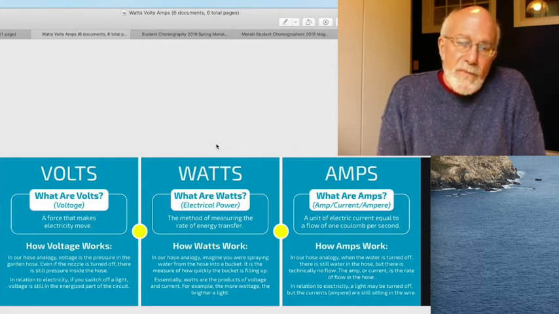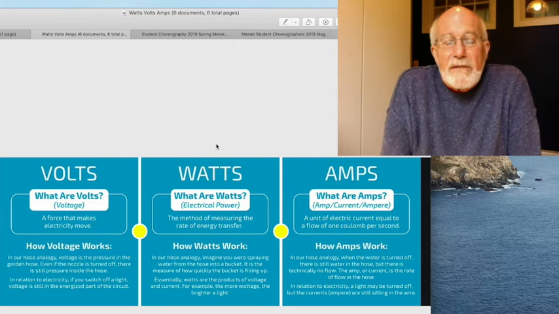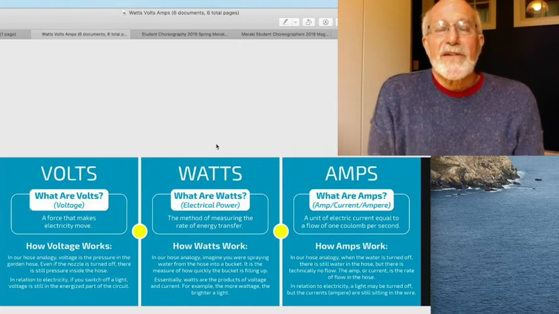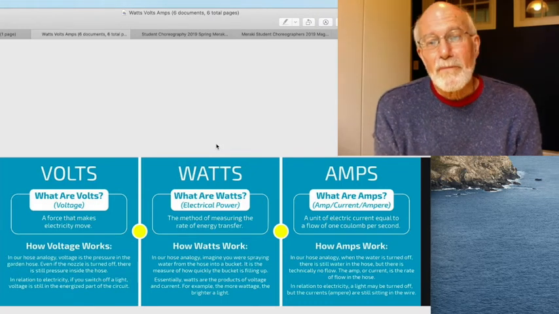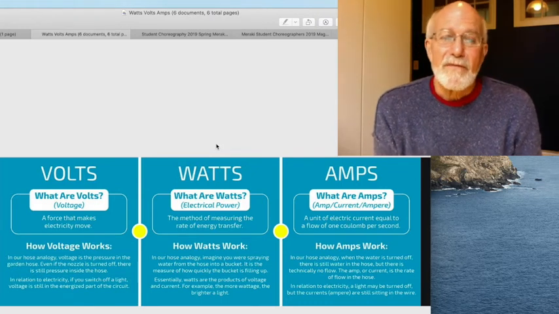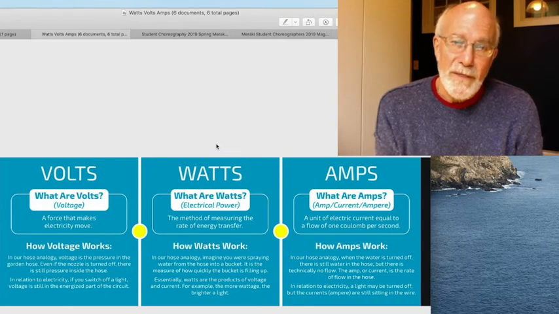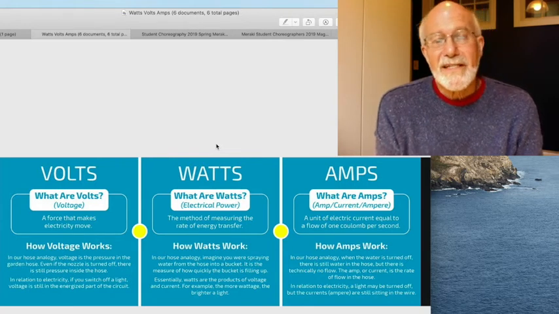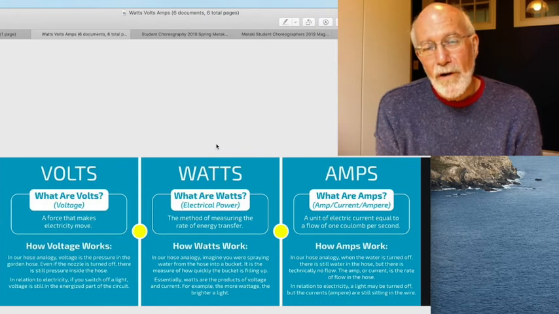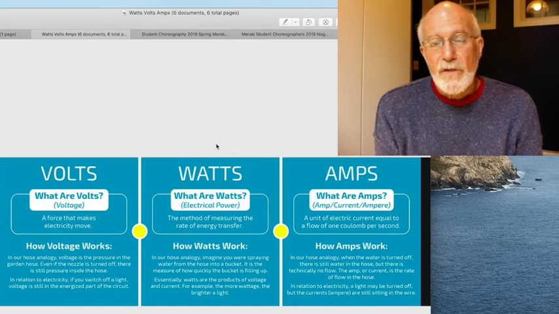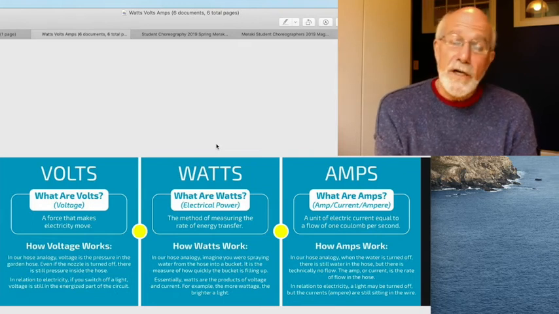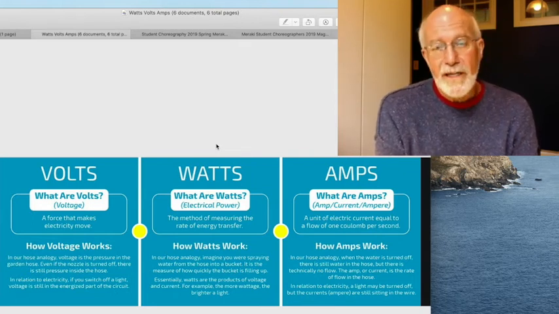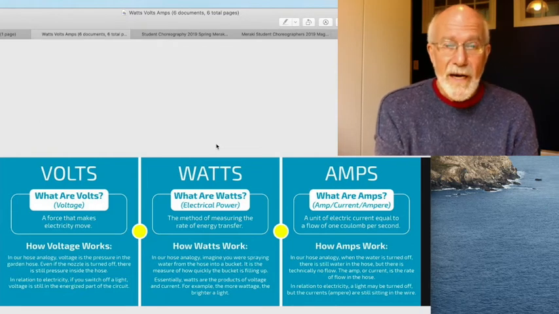Why? Okay, well, in simple terms, it's because, practically speaking, for the mechanics and the manufacture of the equipment, what makes a difference is the amount of current flowing. So if you have larger current, more electricity flowing at a given instant, you need bigger wires.